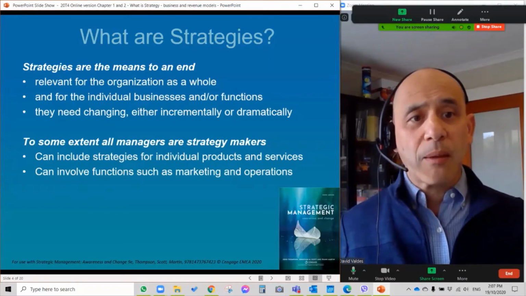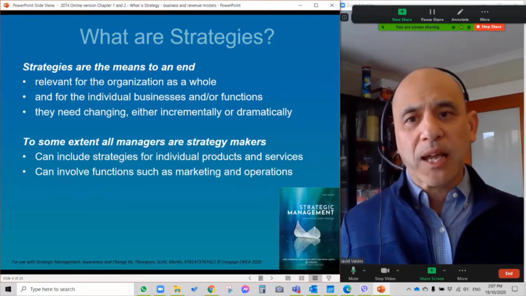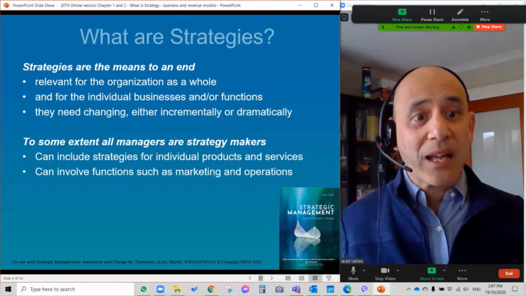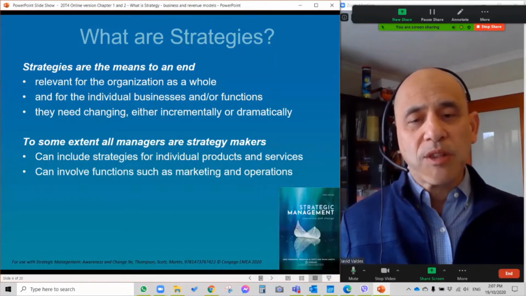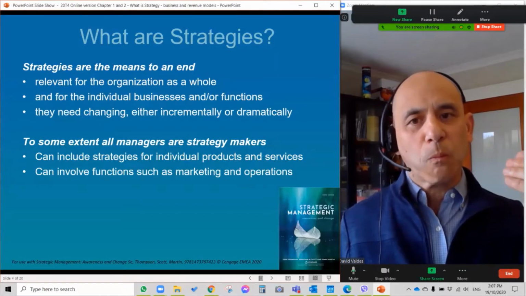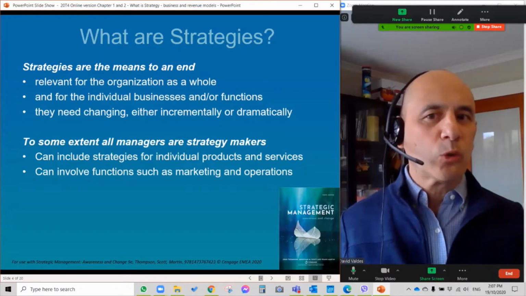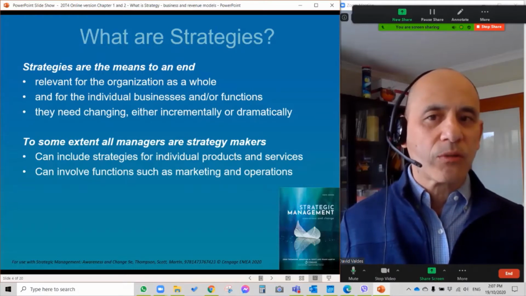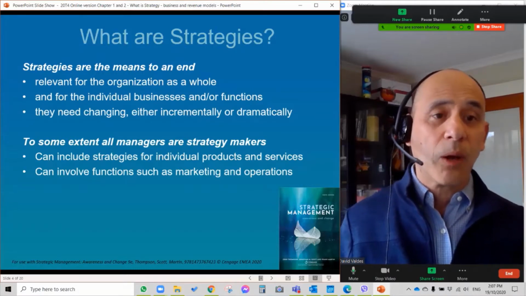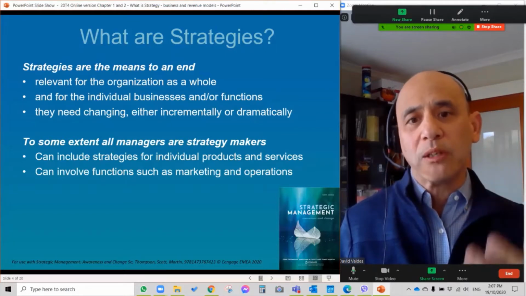So for example, if I'm Apple, Apple has an individual product like the iPhone, and therefore they could be thinking about strategies about the iPhone and how it's going to compete in that smartphone business. But it can also go into strategies for Apple itself about what businesses Apple should go into.